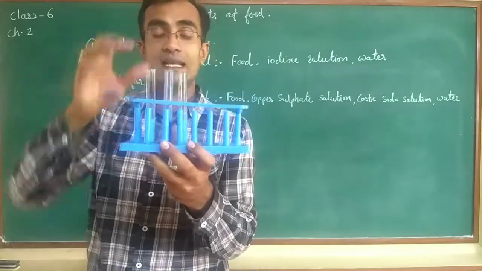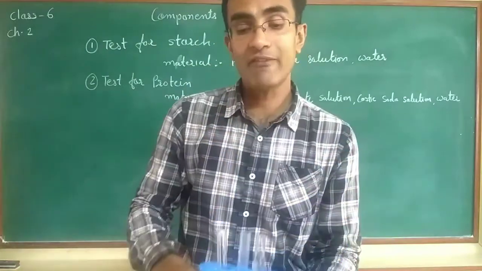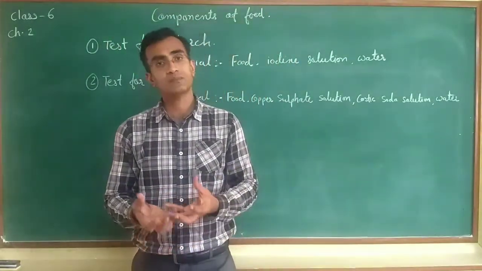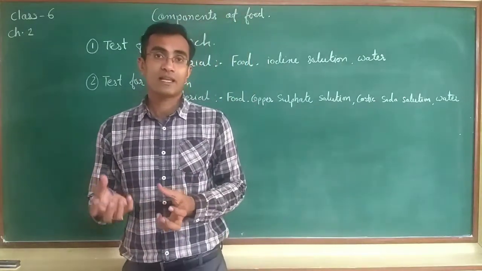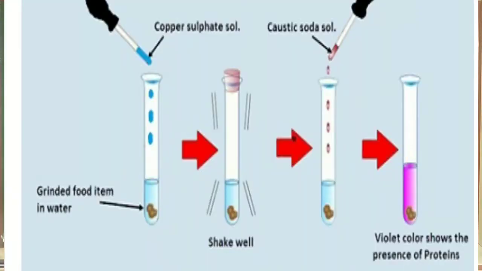So this indicates that sample B, in which we have taken the chickpea flour or gram flour, the flour from pulses, contains protein, and protein will interact with these two solutions, copper sulfate solution as well as the caustic soda solution, and by this reaction it will give the violet or purple color.